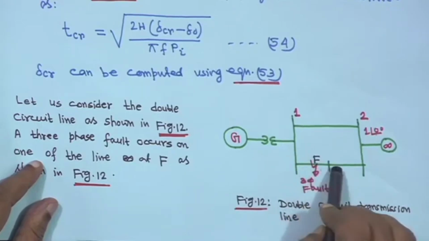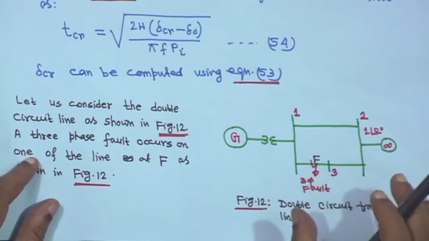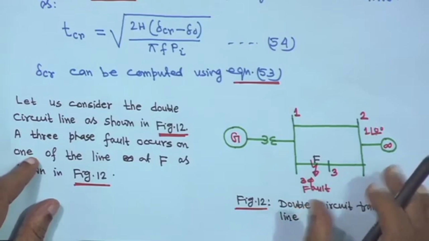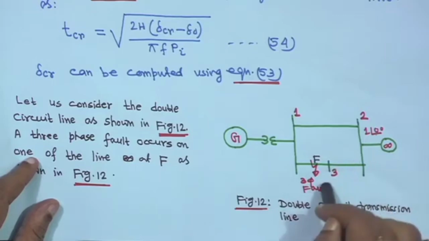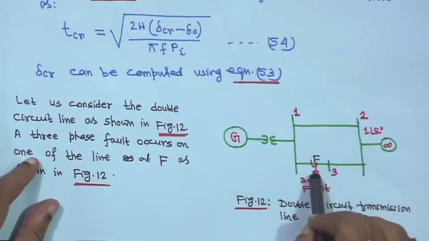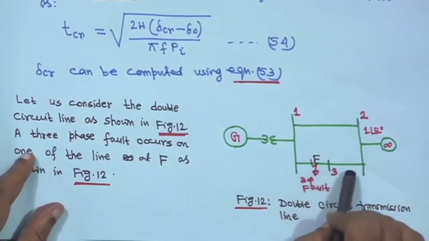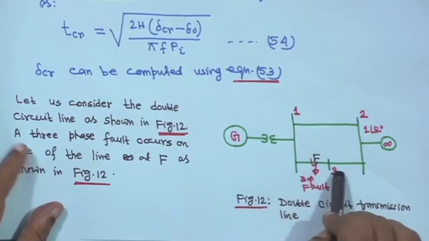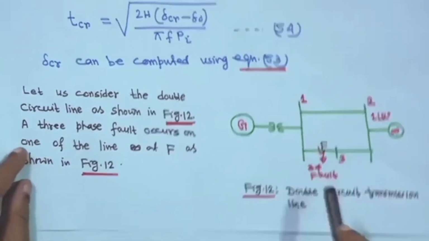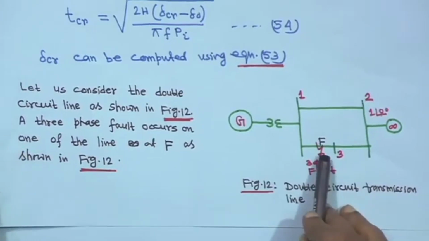As soon as the fault occurs, the equivalent impedance, or reactance if resistance is neglected, will increase. Anyway, a three phase fault has occurred at some distance from bus 1. This is figure 2, the double circuit transmission line.